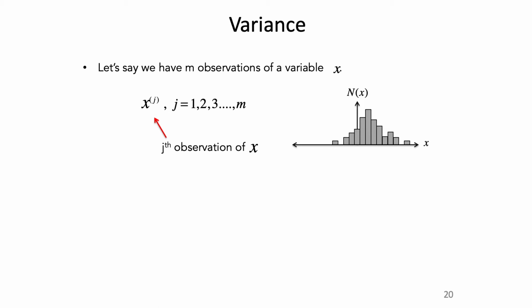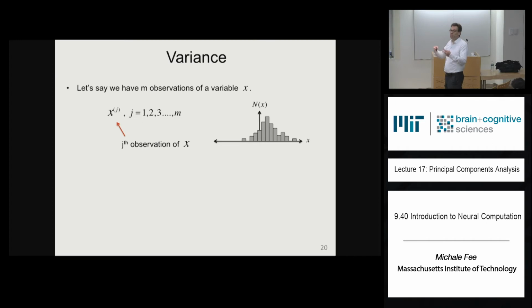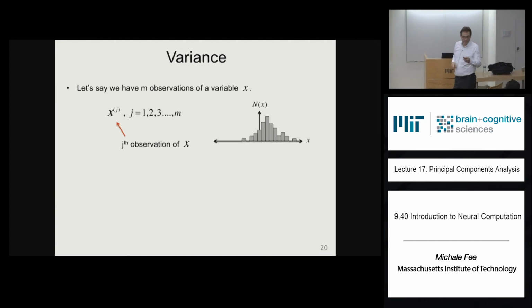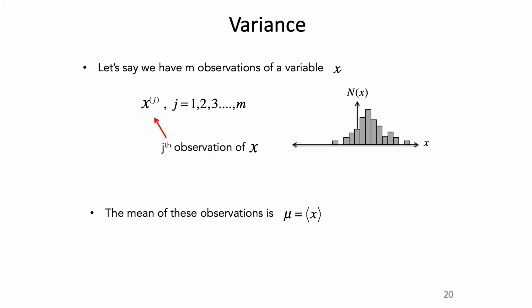If you make a bunch of measurements of most things in the world, you'll find a distribution of those measurements. Often they will be distributed in a bump. You can write down the mean of that distribution as the average value, by summing together all those observations and dividing by the number of observations.